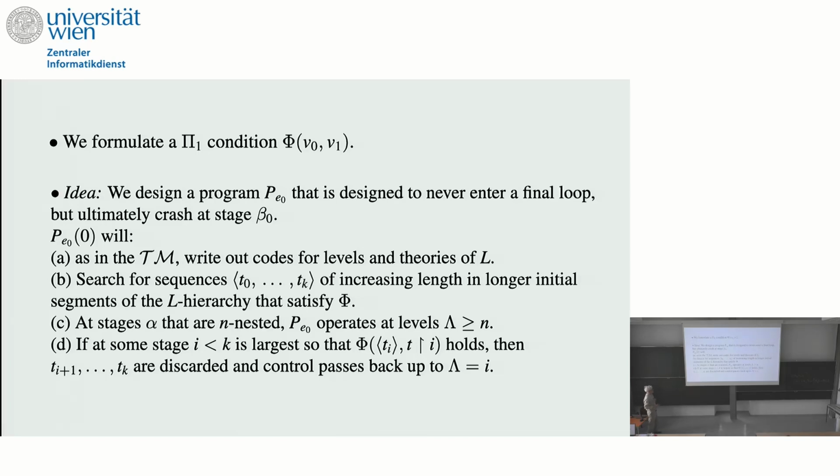At stages alpha that are n-nested on the way up to finding this ordinal that supports the omega nesting, it's going to operate at levels lambda greater than or equal to n, at depth n. So the intention is, when it reaches this beta 0, where there's an omega nesting available in an ill-founded end extension, the operation of the machine is being forced further and further down a tree.